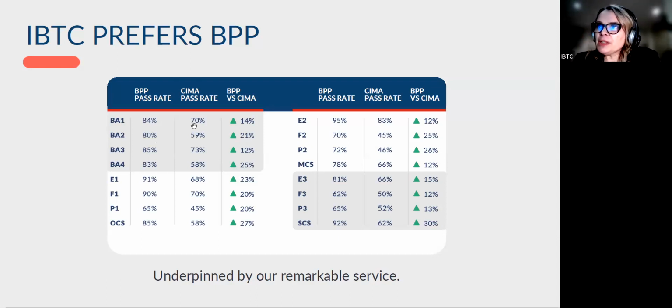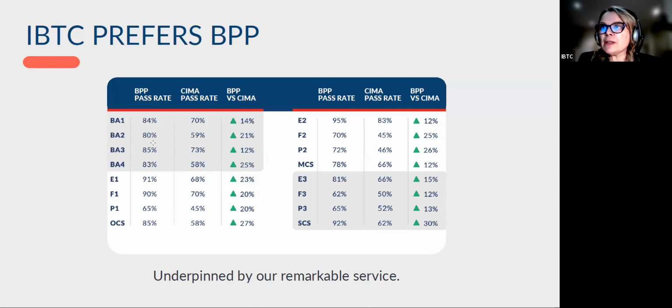So with BPP, the BPP pass rates, and why we chose them, are generally around 20% higher than the CIMA average pass rate. BPP includes everybody studying using BPP material, including IPTC students, and the CIMA pass rate is just how people generally perform on the exam. So you can see P1 is usually quite a tricky subject, and CIMA got a 45% pass rate, we got 65%.